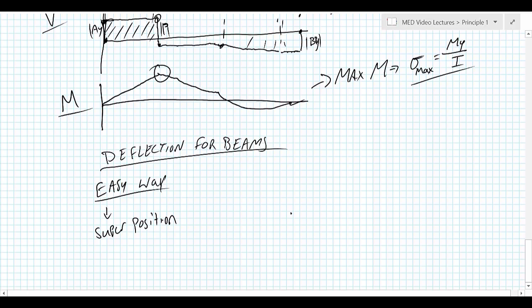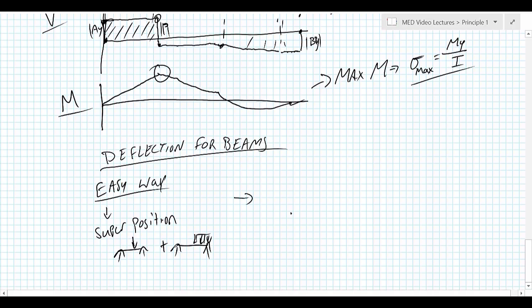Superposition, of course, is when you look at the diagrams in the back of the textbook or in some other helpful diagram document that you have, or look it up on Google, and you can find out, okay, the deflection from this type of loading, where we've got some load in the middle, can be added to the deflection from a distributed load. And we can come up with what the total deflection is, assuming each one of those independently. That's the easier way.